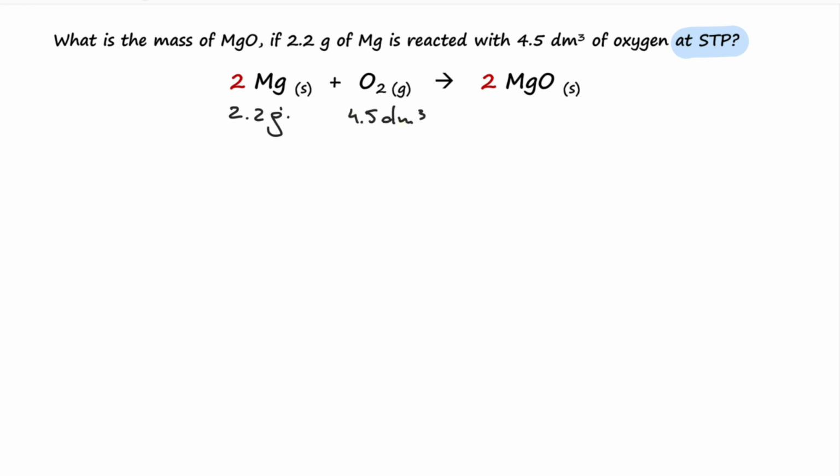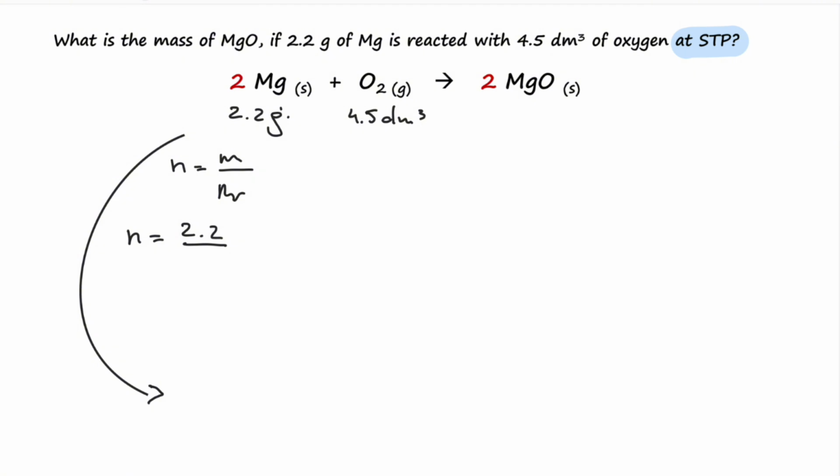Again, guys, you will find the mole for both of them, and in order just to find it, in the first step you will use mole equal to mass divided by molar mass. So mole equal to 2.2 divided by molar mass of the magnesium. Molar mass of the magnesium from the periodic table, it's 24.3, yeah?